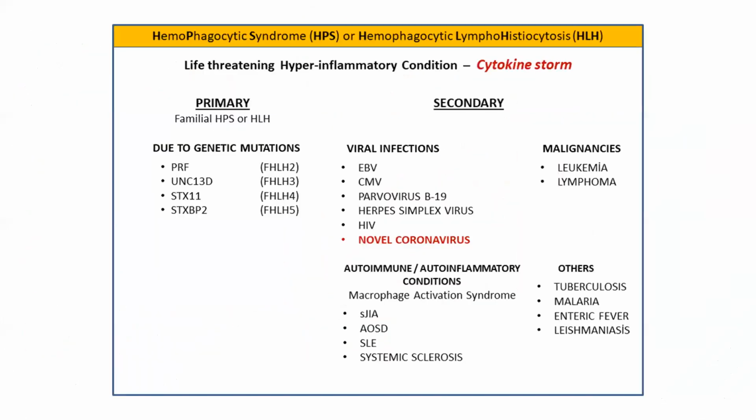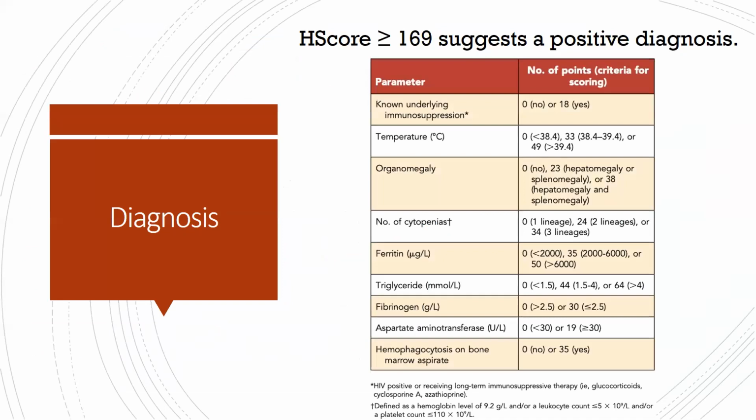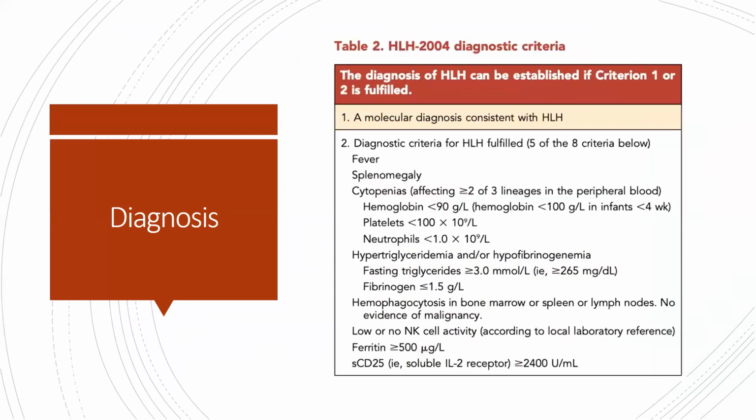As we know, the HLH-2004 is actually more for study. It's actually an inclusion criteria for the HLH-2004 study, but because it's quite easy to use, 5 out of 8 criteria, then you can include the patient into that study.